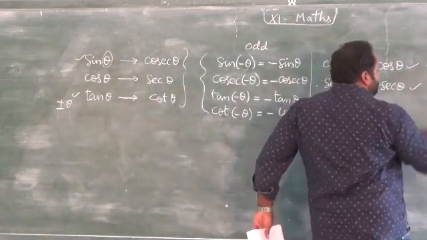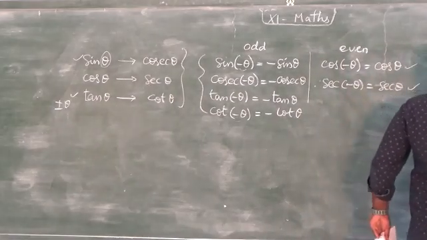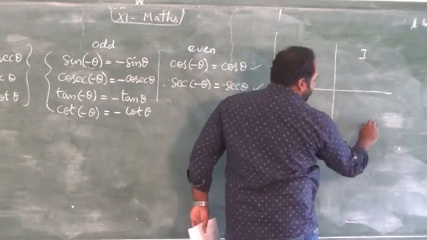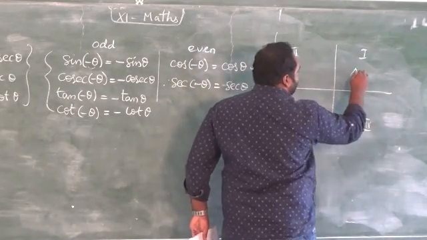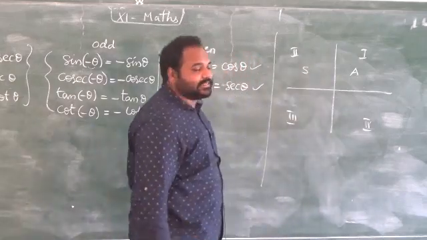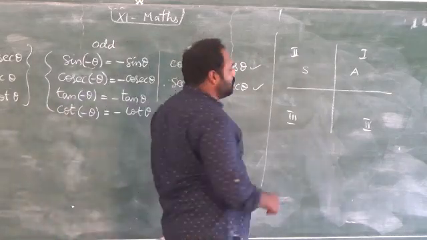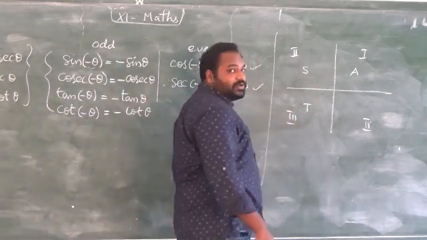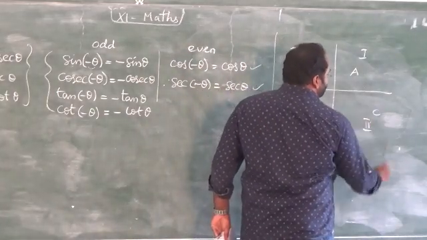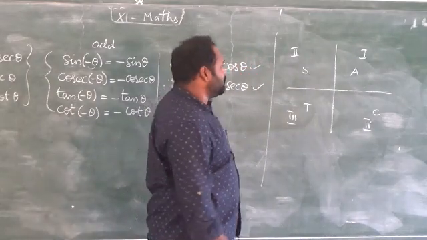Next concept, we know that there are 4 quadrants: first, second, third and fourth. Here all functions are positive, here only the sine function and its reciprocal cosecant function alone are positive, here the tan function and its reciprocal cot alone are positive, here the cos function and its reciprocal secant alone are positive.